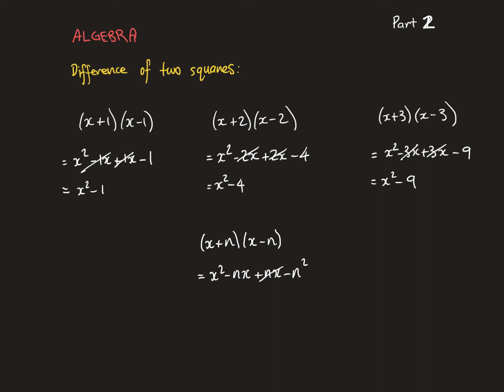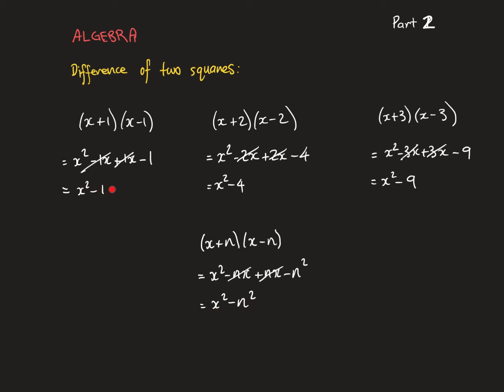These two still cancel each other out because you've got a plus nx and a minus nx, sorry. x squared take n squared. Cool. So what we've just found is a general rule saying that whatever value we put inside this form of brackets, where the first one is x plus the number, and the second one is x take away the number, however we expand that out, we are going to get x squared take n squared.